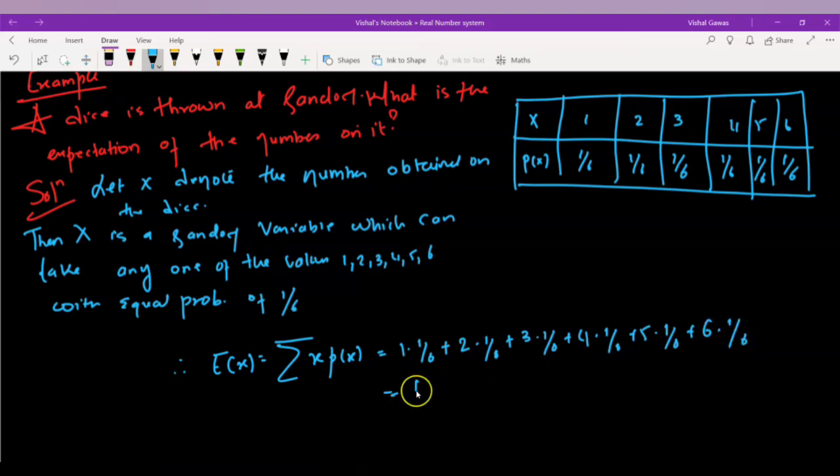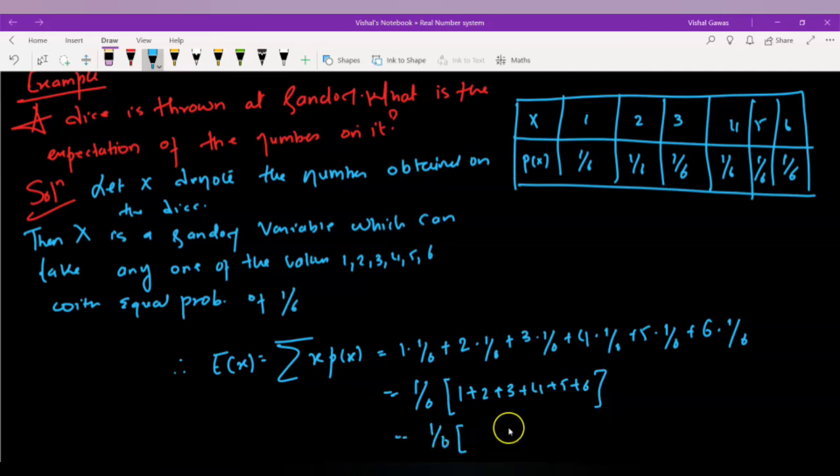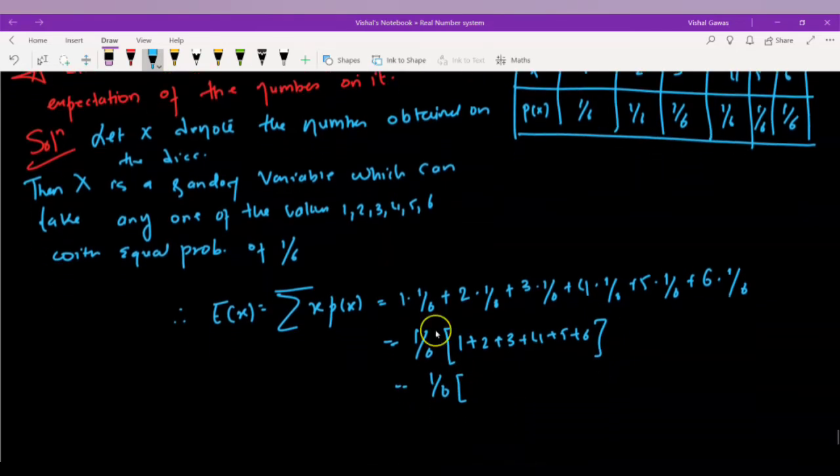If I take 1 by 6 common, there will be 1 plus 2 plus 3 plus 4 plus 5 plus 6. So how much is this? This is 1 by 6 into 21, that's 21 over 6, which can be cancelled out to get 7 by 2, right?